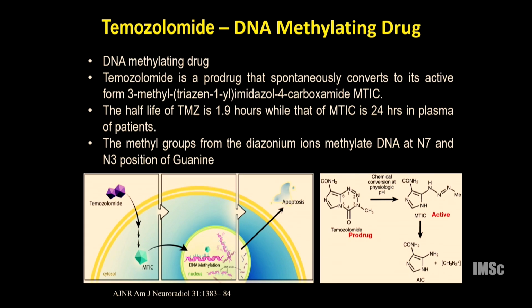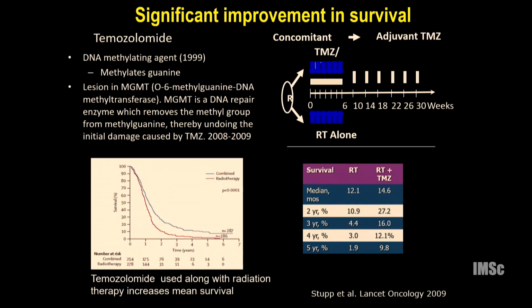It is generally given as a prodrug, and so it forms these methyl diazonium ions, and the methyl groups from the diazonium ions move on to the DNA. The action of temozolomide can be counteracted by a gene called the MGMT gene, which is a methylguanine DNA methyltransferase. And what it does is it's a DNA repair enzyme, so it sort of reverts back what temozolomide does.